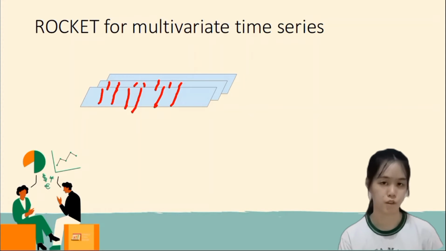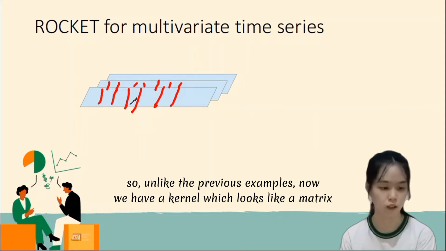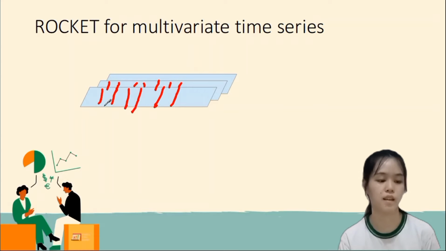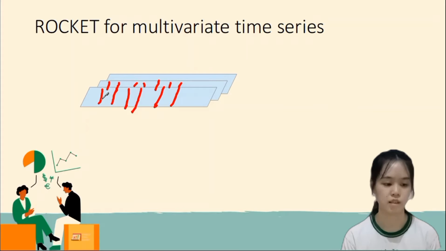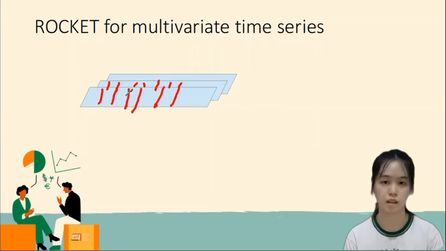So let's say that the first kernel produced has 2 dimensions. It is one kernel, but it has 2 dimensions. And let's say that the kernel is doing the convolution with the first and the second dimension of the data. It will do the convolution separately: the first dimension of the kernel with the first layer of the data, and the second layer of the kernel with the second layer of the time series data.